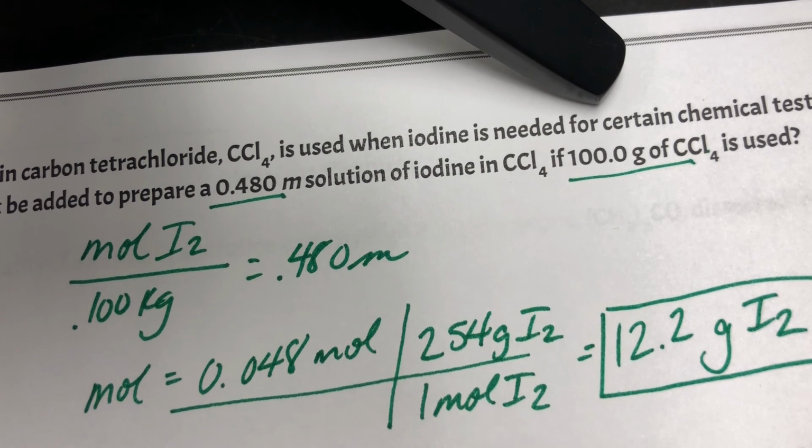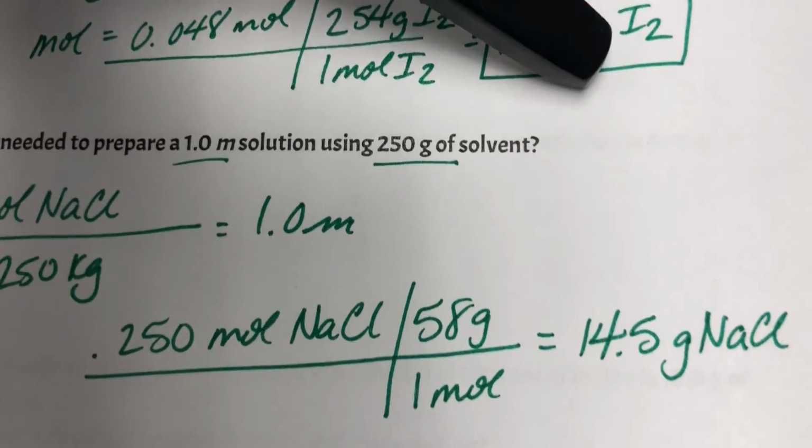So I have 0.250 moles of sodium chloride, and I need to find that as a mass. We've done sodium chloride a couple of times. It is 58 grams in 1 mole. So we do 58 times 0.25, 14.5 grams of NaCl.